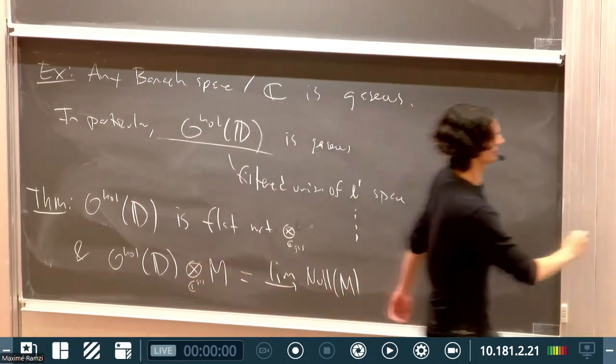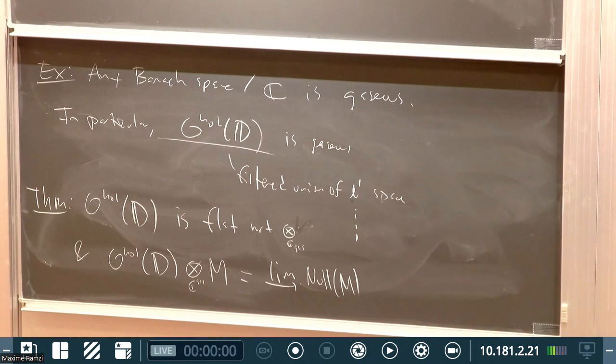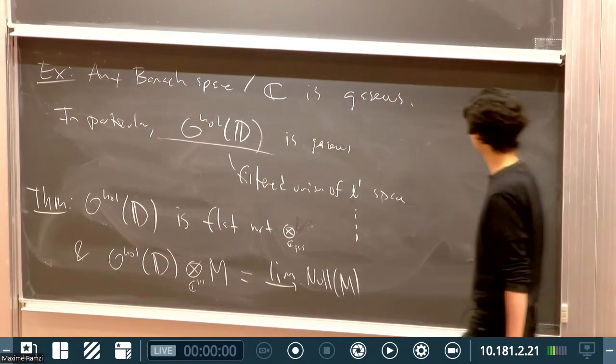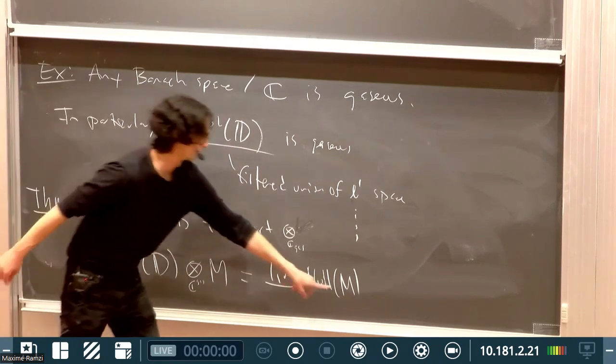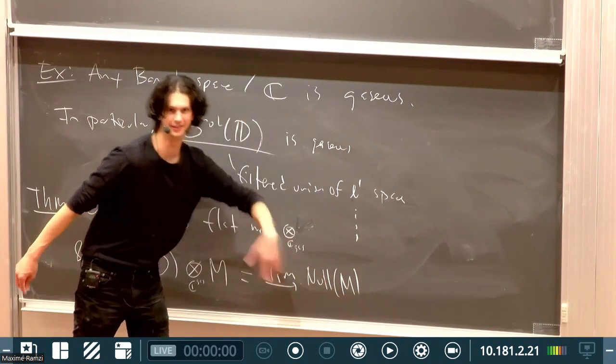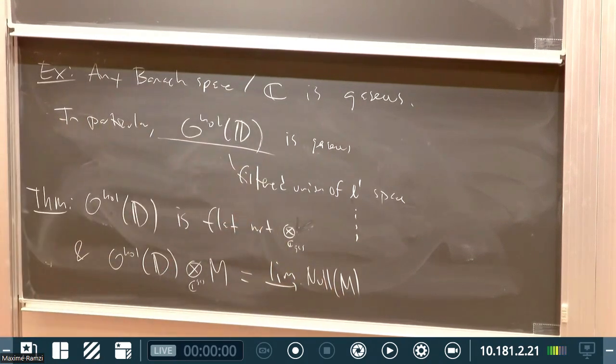I'm going to call this null M. You basically write down the definition of this guy and replace the complex numbers by M, and you'll understand how to produce this sequential colimit. So it's very easy to do tensor product calculations in this category once you know this fact.